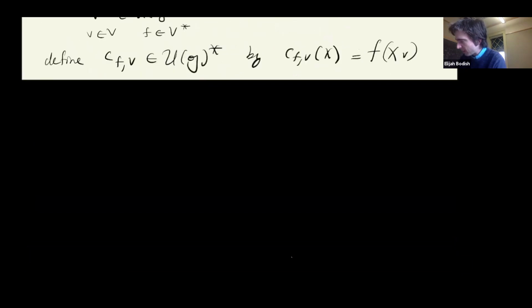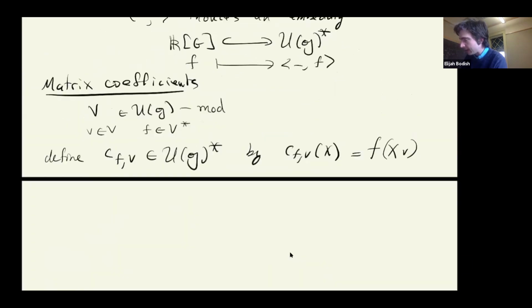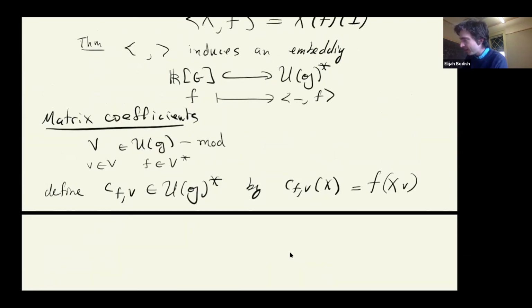So these are the matrix coefficients, and I want to think about K of G not just as a subspace of U of G star, but as a subalgebra. So I need to have some multiplication, like a convolution product, on U of G star.